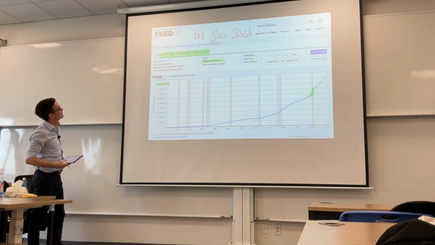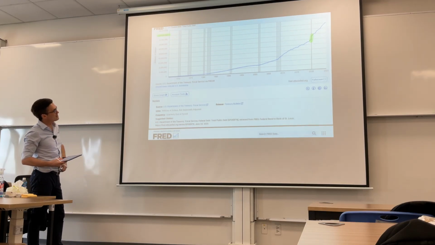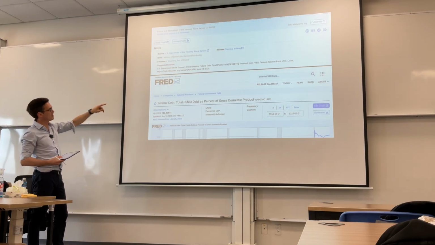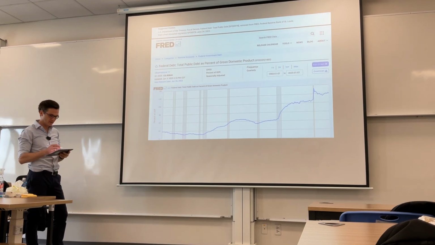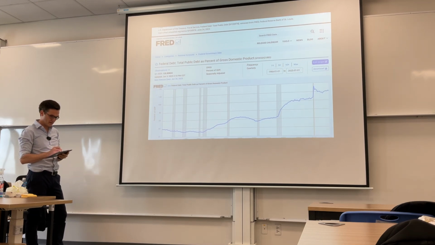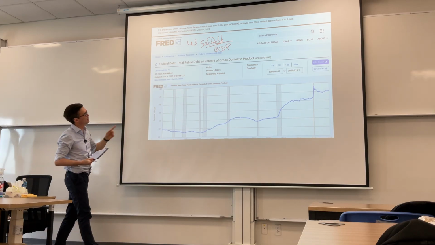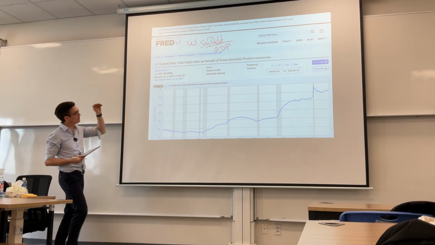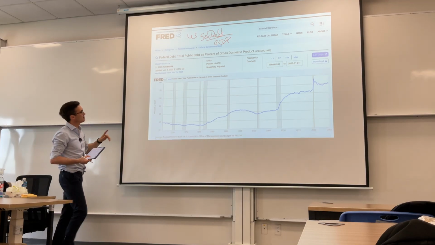Okay, good. So you can take this nominal debt time series and divide it by GDP. So this is US government debt divided by GDP, nominal debt divided by nominal GDP. So you get the debt to GDP ratio.